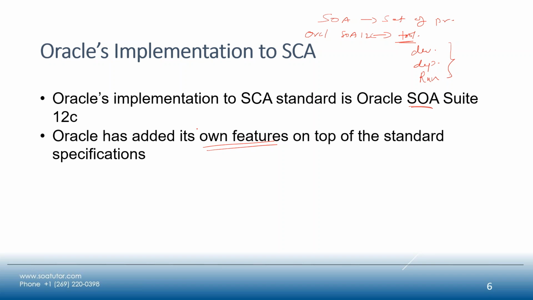So it has given you many other features over the standard specification. This is the reason why Oracle is so hot in the market. Oracle SOA Suite is one of the best tools in the market for SOA. There are many tools, but when it comes to SOA, Oracle is maybe top 1 or 2.